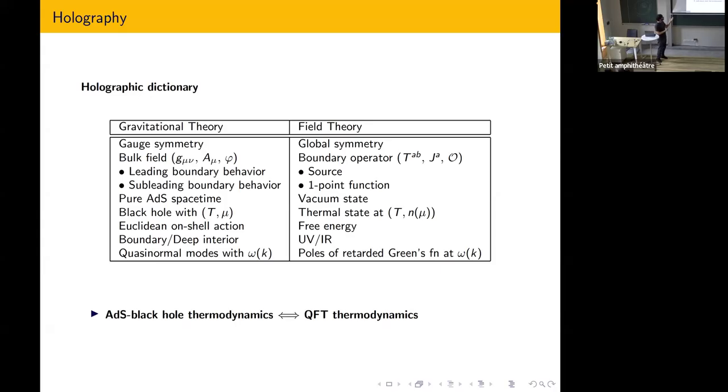Whereas if we have a black hole with a certain Hawking temperature and a certain chemical potential, then this corresponds to a thermal state in the quantum field theory with the same temperature and at a charge density which is determined by the chemical potential.